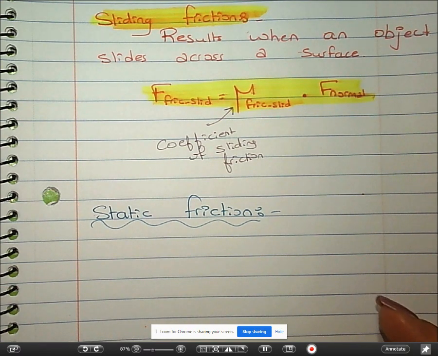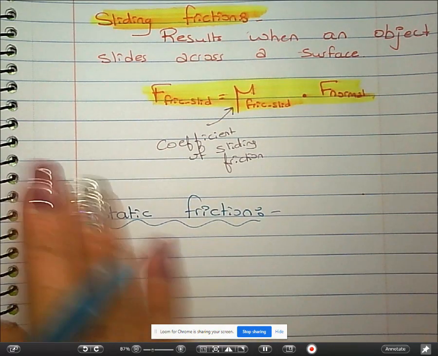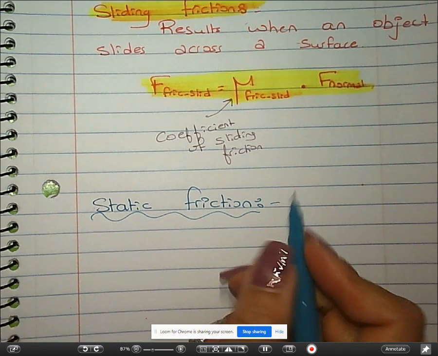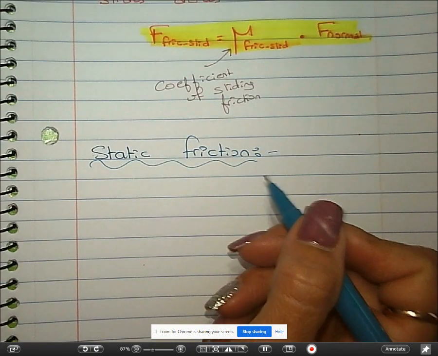It's like when you rub a balloon on your clothes and put it on the wall, and it hangs on the wall. It's an attraction force, but there is a static force between that balloon and the surface of the wall. So this is basically what static friction is.